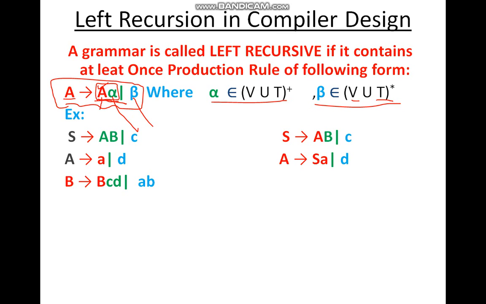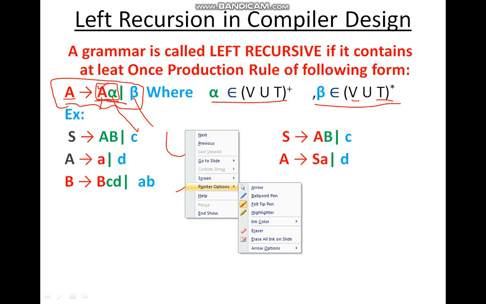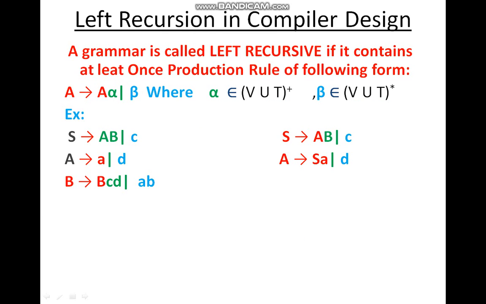If I ask you whether this grammar is left recursive, how will you identify? You need to find out whether it contains a production rule of this form or not. So first of all, check for this production rule. This production rule is not in this form. Check for this one, then this production rule is not in this form.